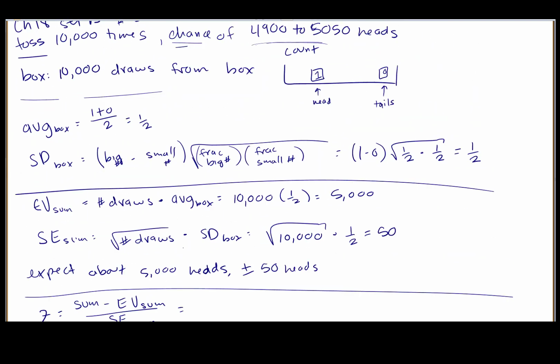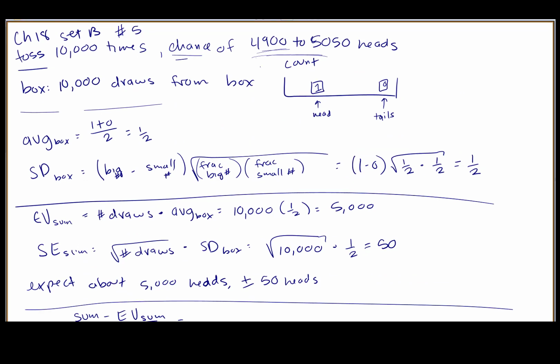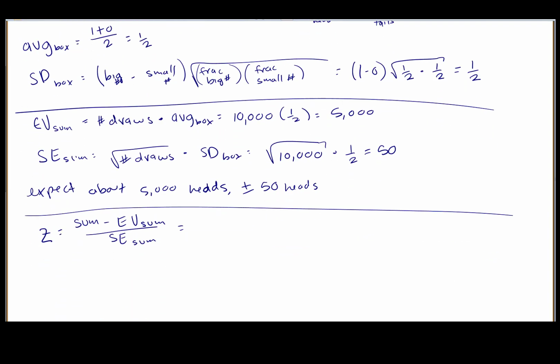We're looking for 4,900 to 5,050. There are 2 values, and we're going to do each one separately. Let's do 4,900 first. It doesn't matter which one you do first, you just have to do them both separately. So 4,900 minus our expected value of 5,000, over the standard error of 50, gives me negative 2. That's my first z-value.